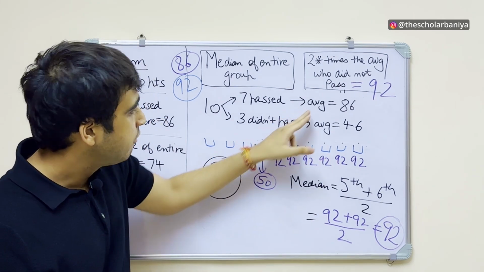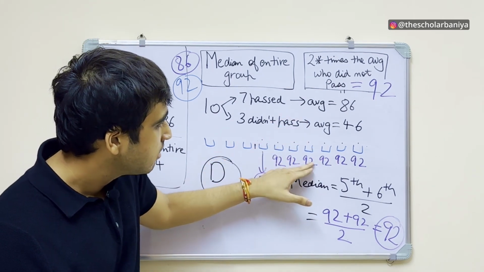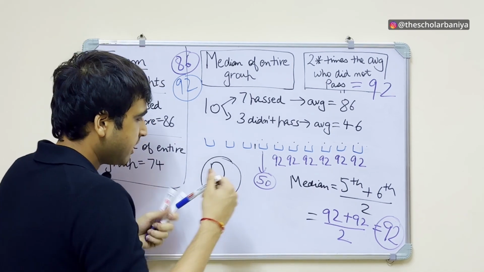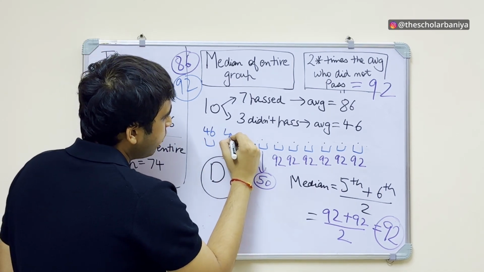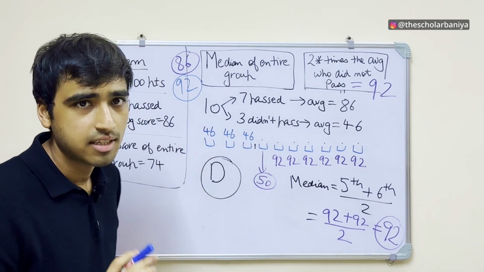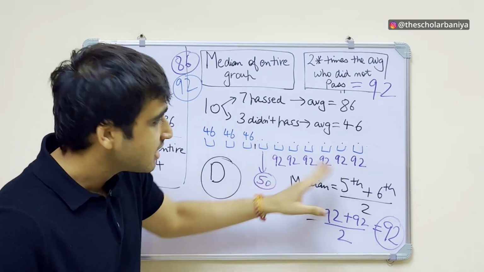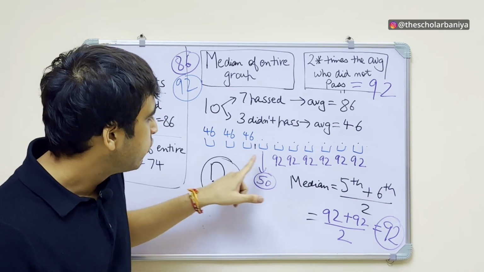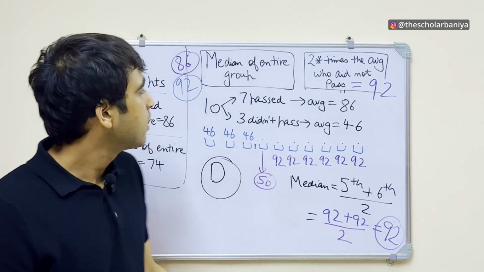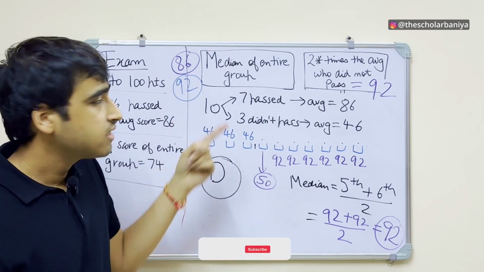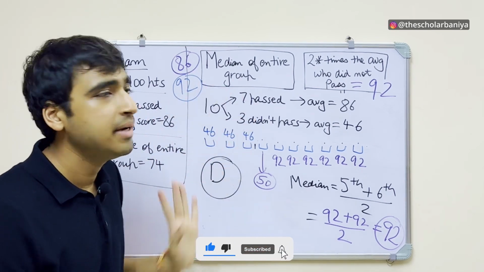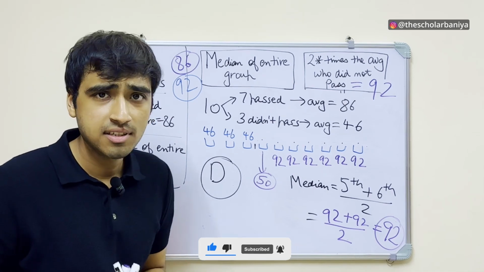If you take the average of these 7, the average will still come out to be 86, right? This remains the same. I don't care about this. This remains exactly the same. So in this case, if you find the median now, you will have the fifth term plus sixth term upon 2, which is 92. So in the earlier case, the median was 86. Right now, the median is 92. So the answer will be D. I hope this makes sense.